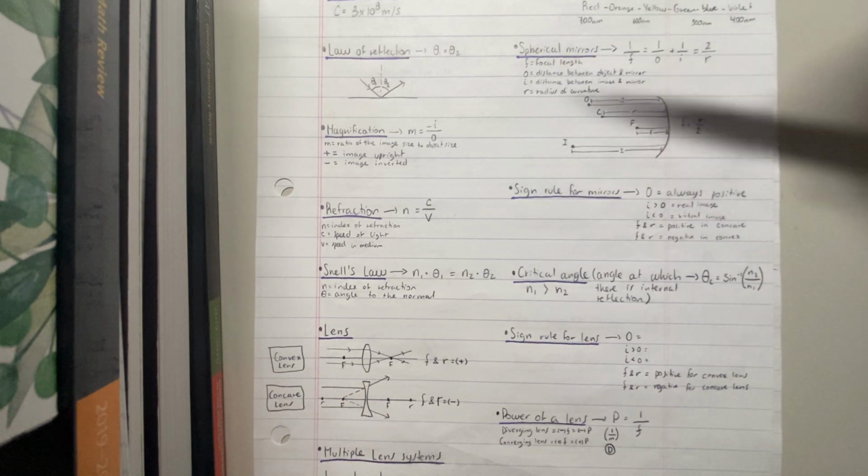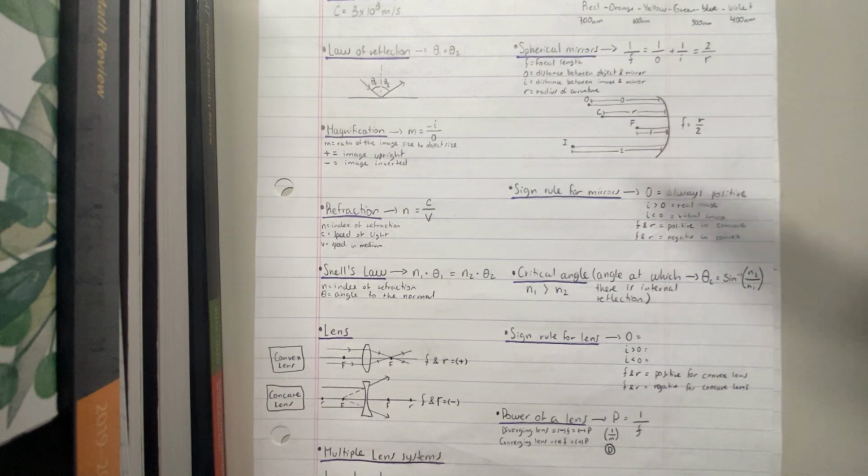Next would be refraction. So the index of refraction is equal to the speed of light divided by the speed in the medium. There's not much to say about this, it's just C over V, so n equals c over v.